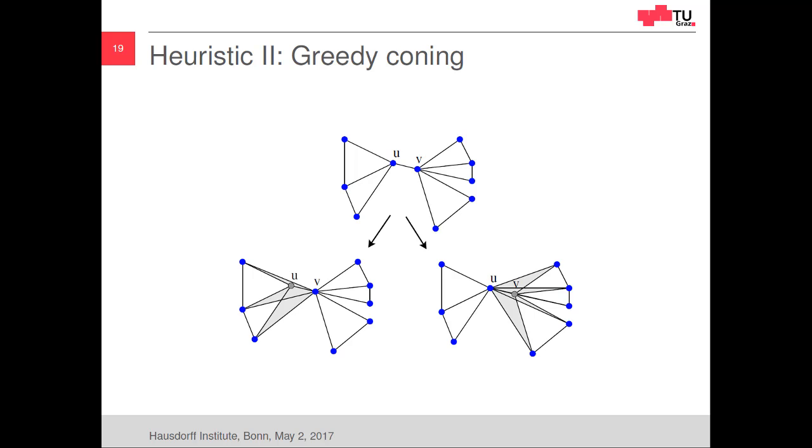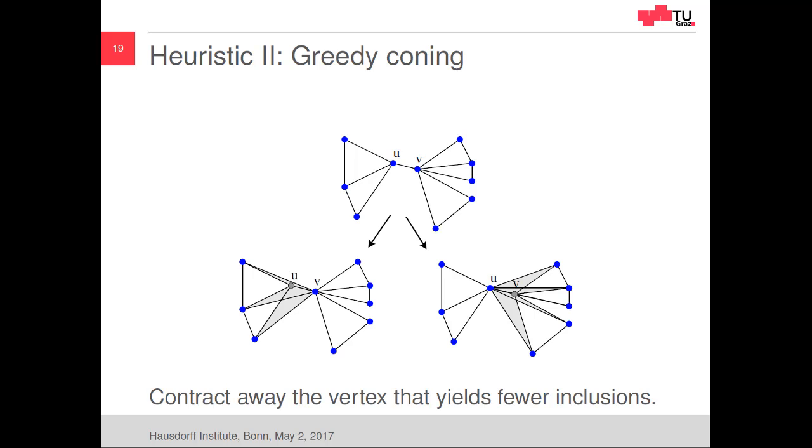You just take the complex that gives you a lower number of simplices. So in this case here, this has only 3 triangles, this has 5, so we probably go for the left one. Yeah? I think if you had to implement this, you would do this anyway without much thinking about it. Okay, so this is greedy coning, and of course you can combine this with the active idea.